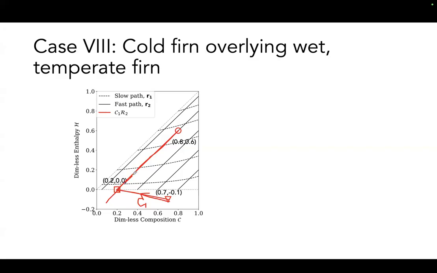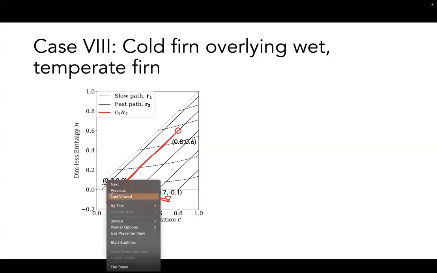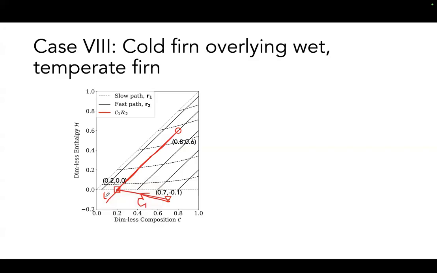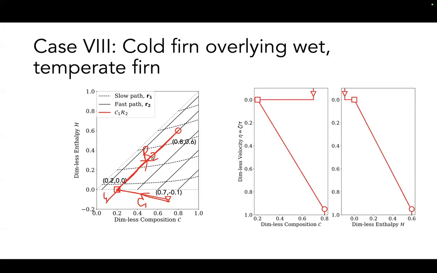And since we go in the direction from this intermediate state I1, we go in the direction of increasing speed of these characteristics that leads to a drying front or a rarefaction wave that goes up. So that is R2. And in that case, the solution is C1R2. Here it looks like this.